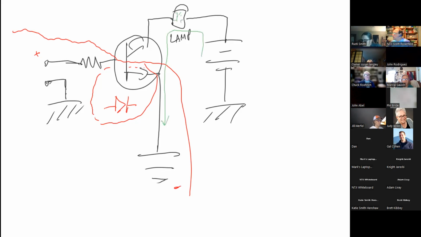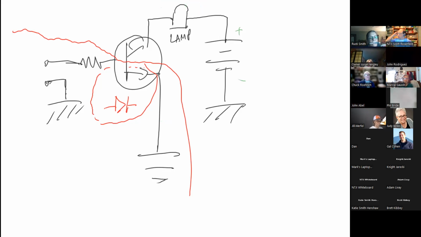When that happens, we get current that flows from this battery through the lamp, down through the transistor to ground. The act of doing that makes the lamp turn on. When we take that away, what happens to the diode? It goes off.